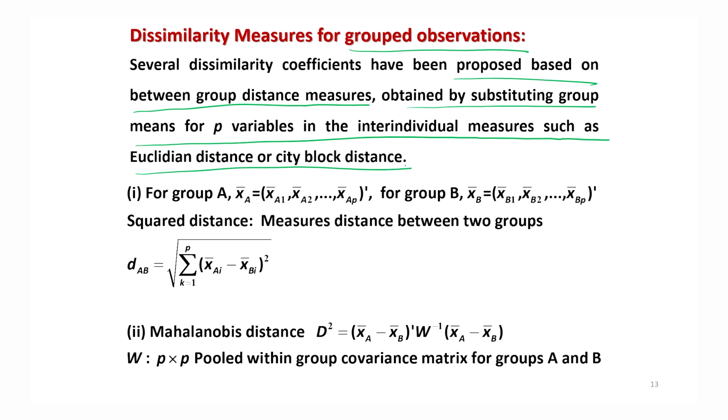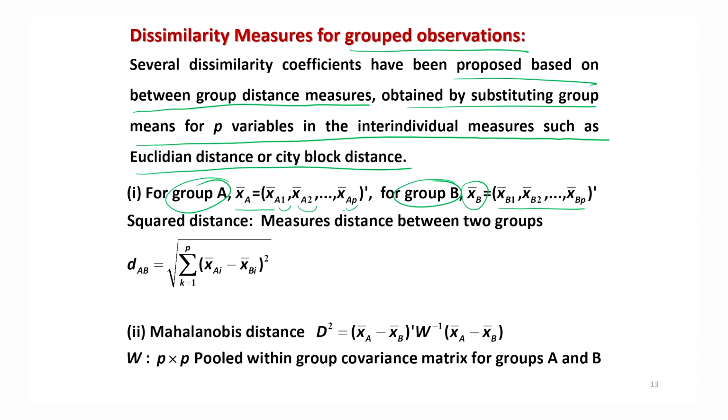For example, if I have the observations in, say, two groups, group A and group B, we try to find x bar A, which is the mean of observations on each of the variables 1 to p, and the same thing I do to obtain x bar B, which is the sample mean on each of the p variables in the second group.